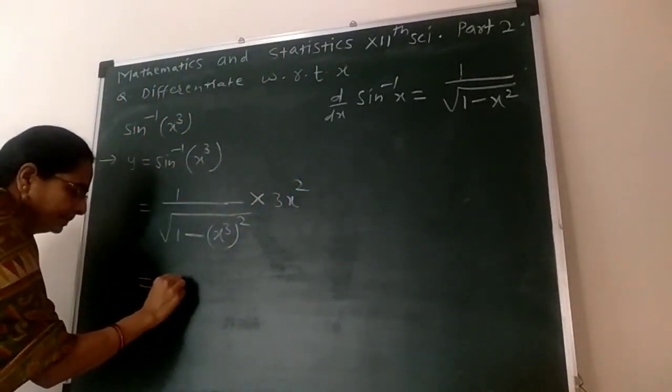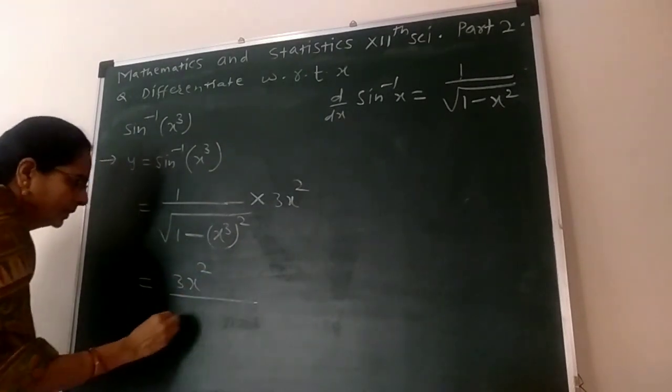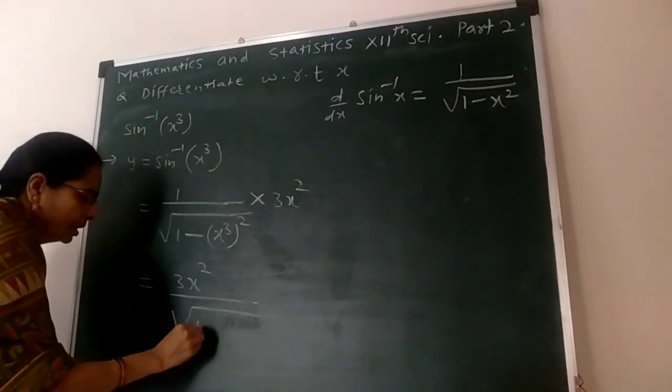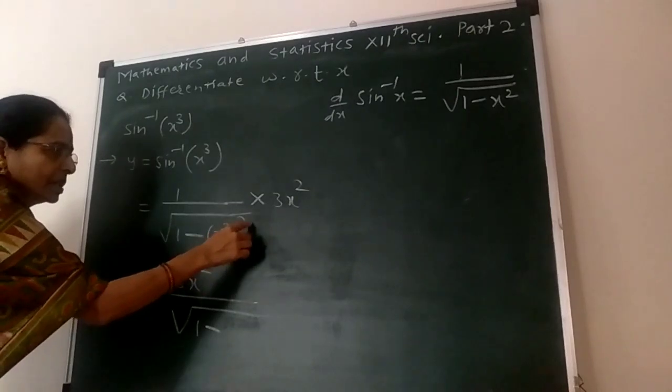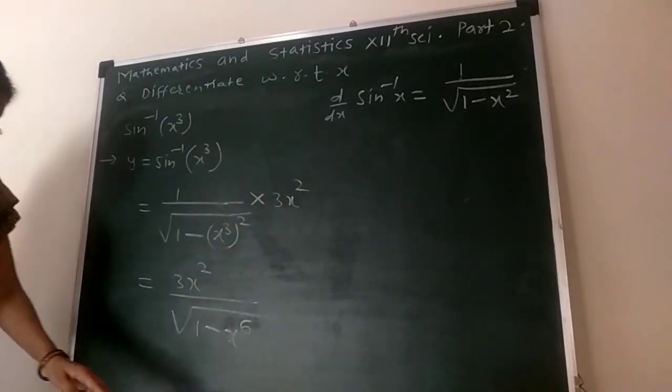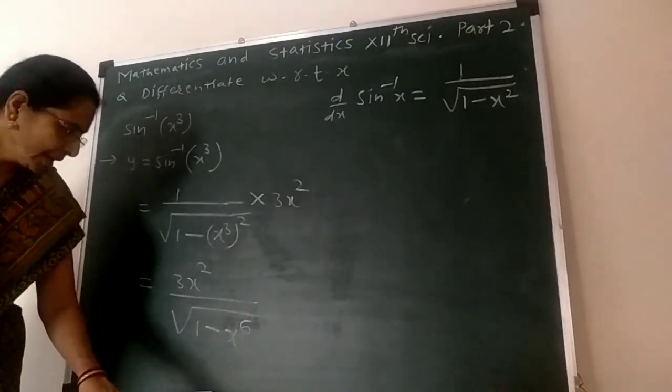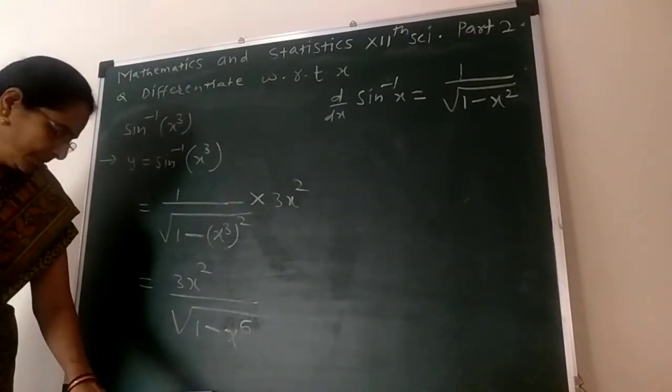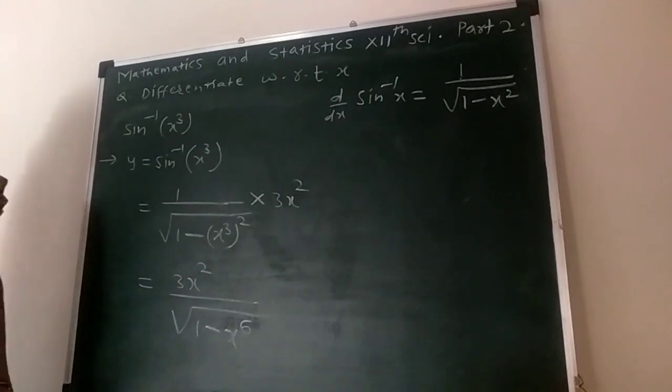So the answer is 3x square upon root 1 minus x raised to 6.